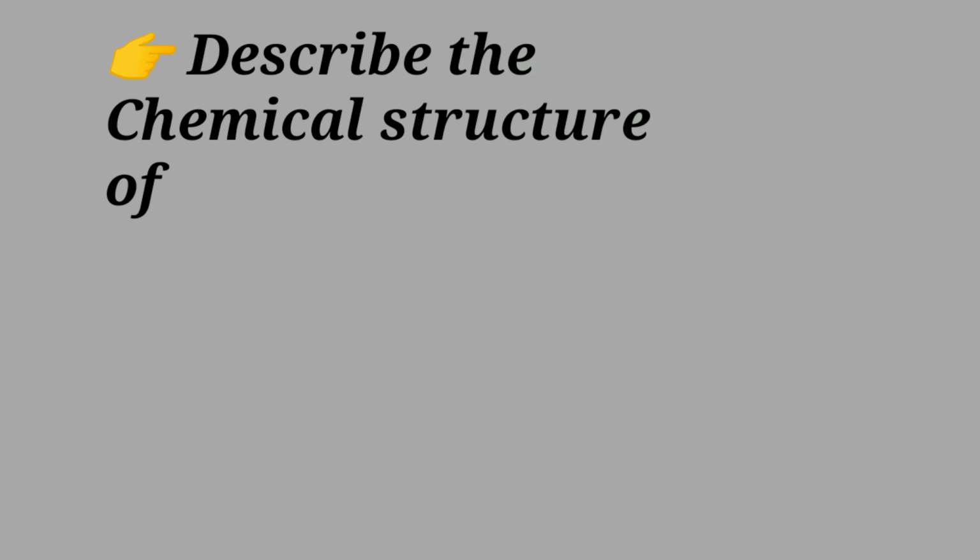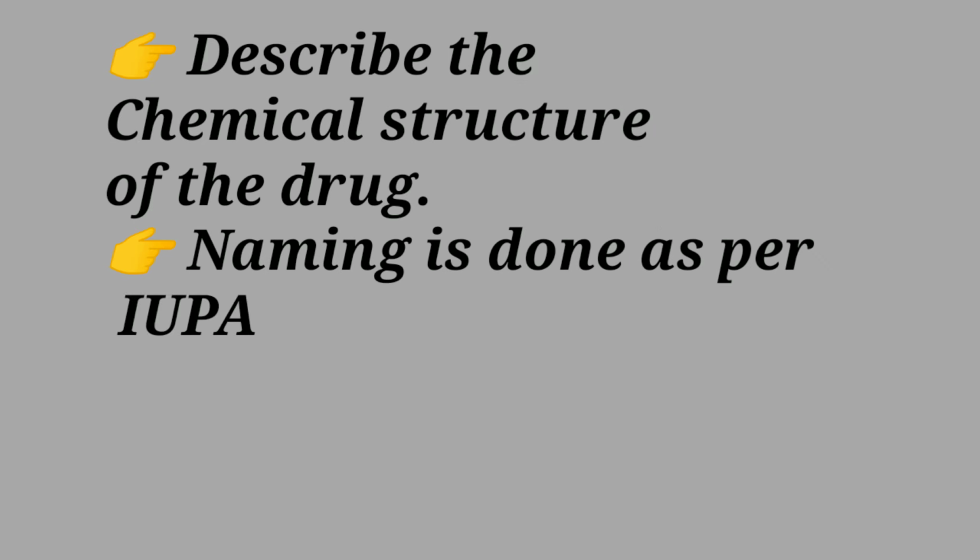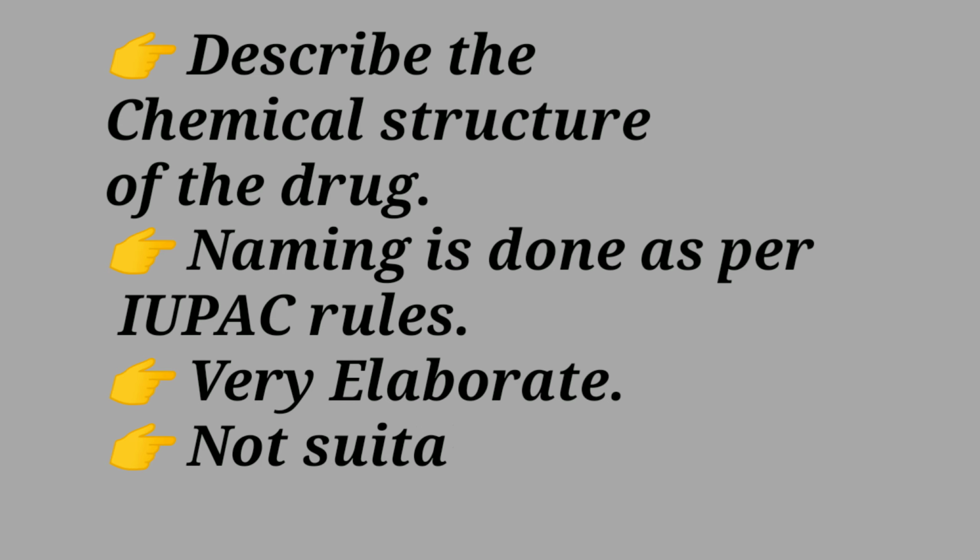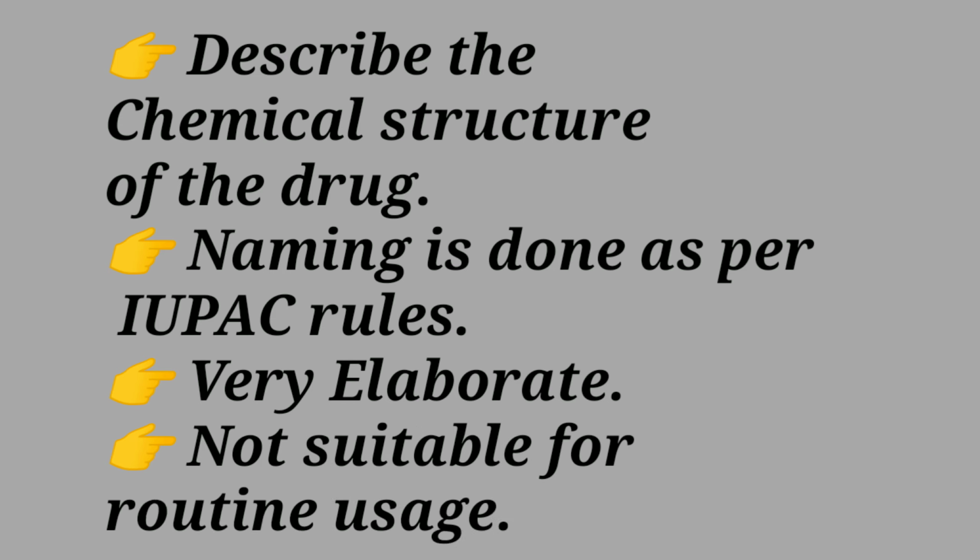Students, these should describe the chemical structure of the drug. The name is given according to the rules of nomenclature of chemical compounds. As the chemical name is sometimes very elaborate, it is not suitable for routine usage.